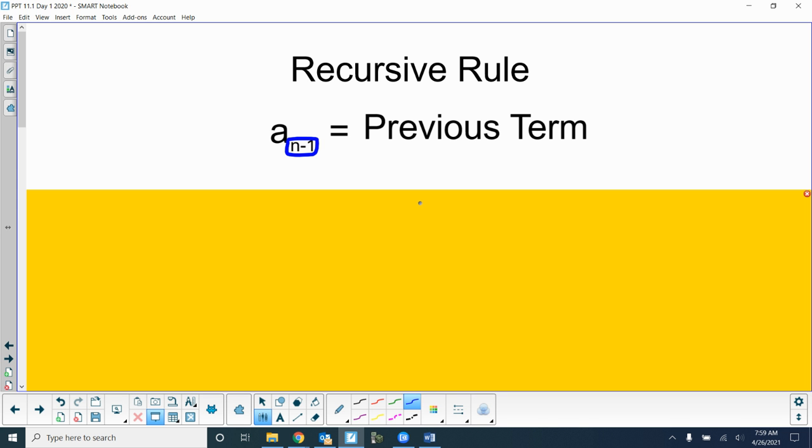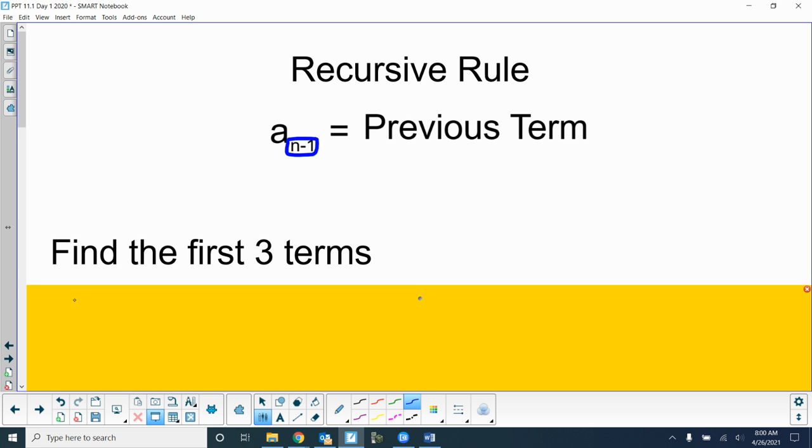Every year I get kids who mess this up because they're not paying attention when I'm showing it. Connor, don't zone out on me. Mason, stay with me. All right? So whenever you see a sub n minus 1, it's talking about the term before. Or we say the previous term.